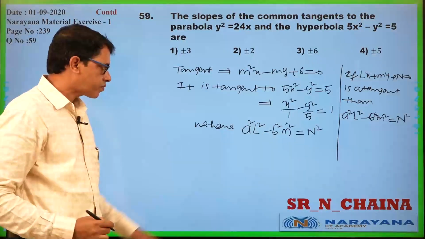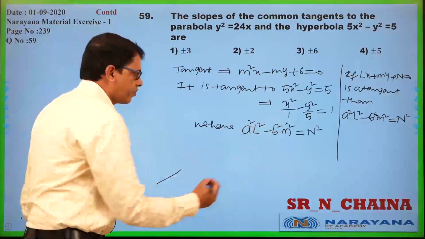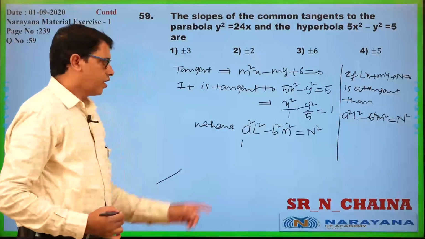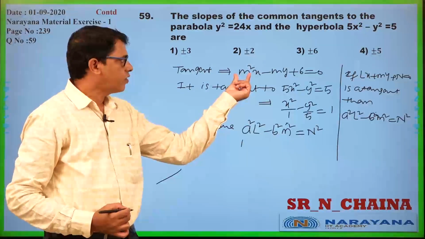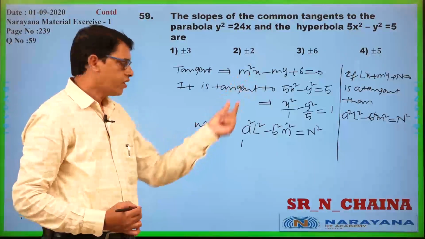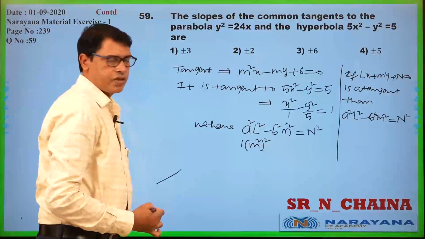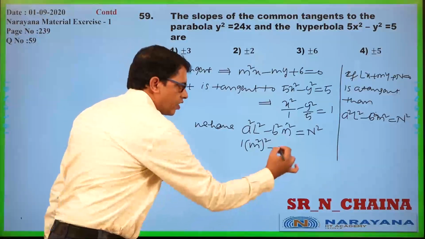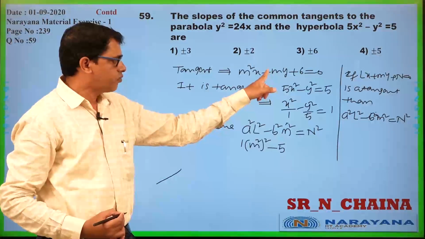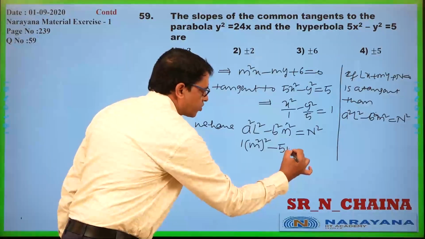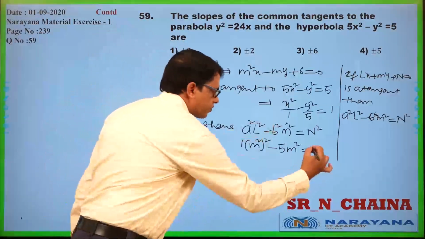Okay. So, here what is the a value? A value 1, a square value also 1, then L square value. L square means the square of m square, that is m to the power 4, m square whole square, minus b square value 5, into m, that is minus m whole square, it becomes m square equal to how much? 6 square, 36.